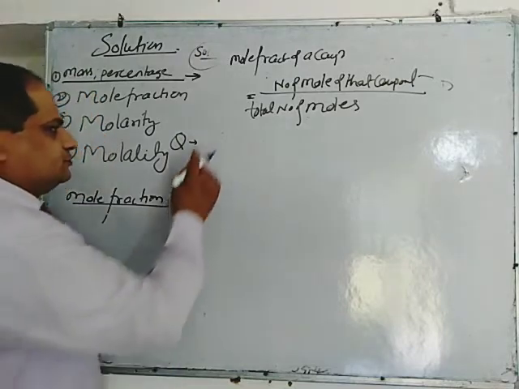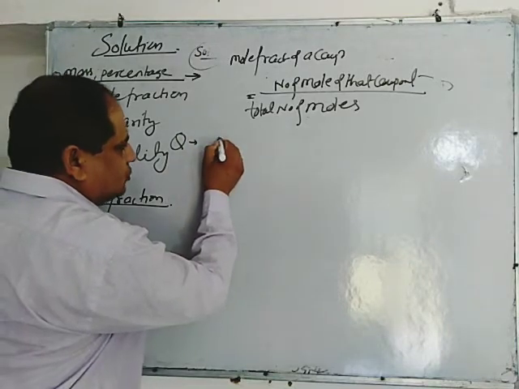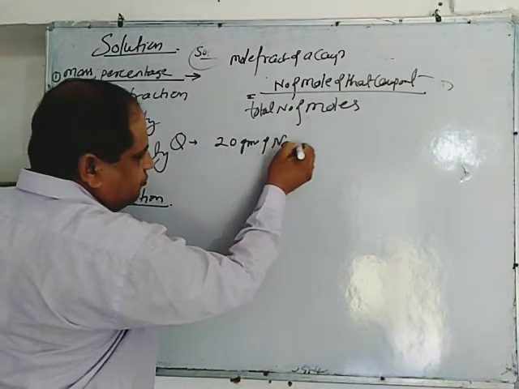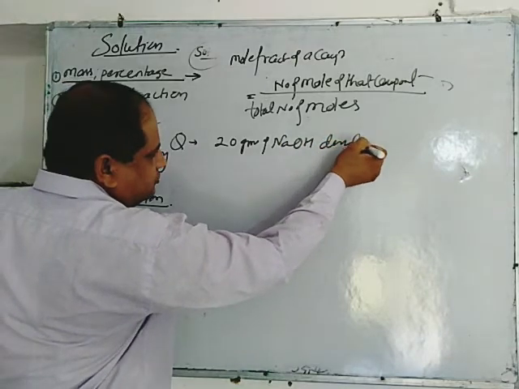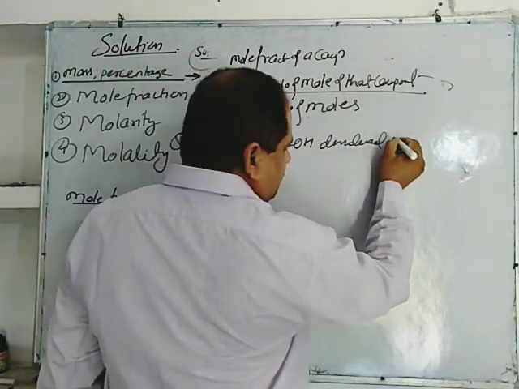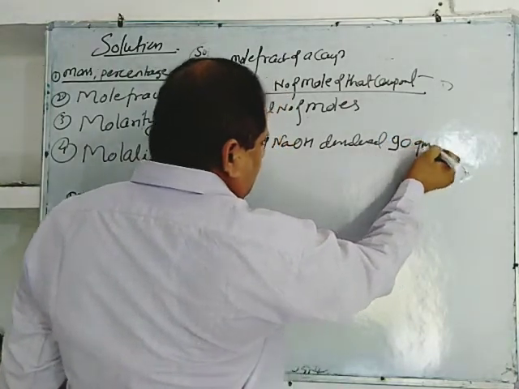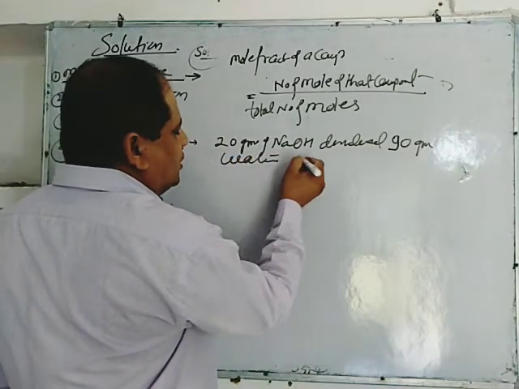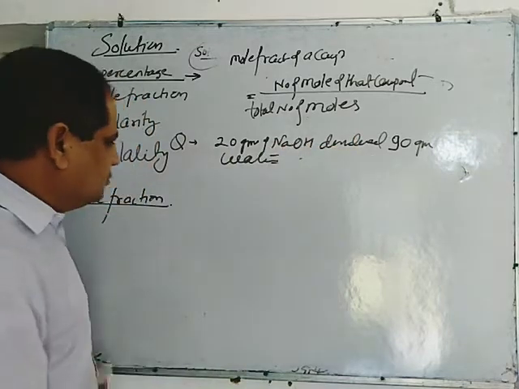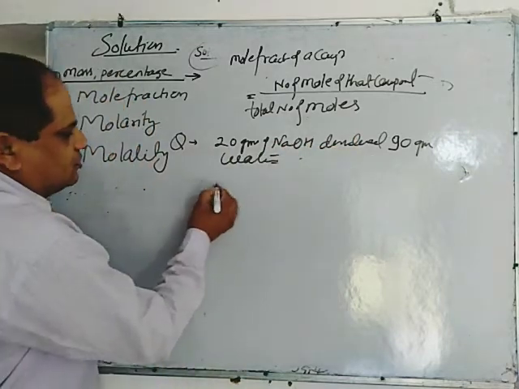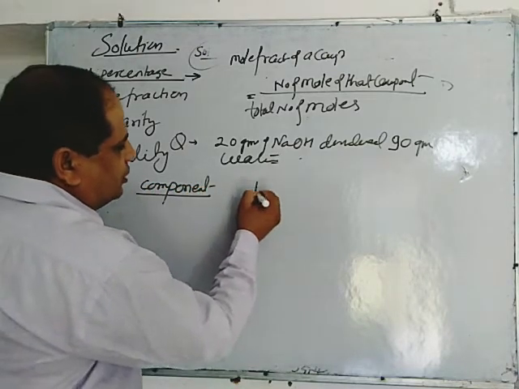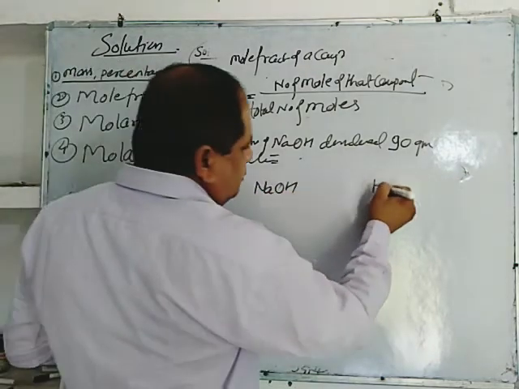Question is that 20 grams of NaOH is dissolved in 90 grams of water. Find the mole fraction of NaOH and water. So to solve this, the components are NaOH and H2O.